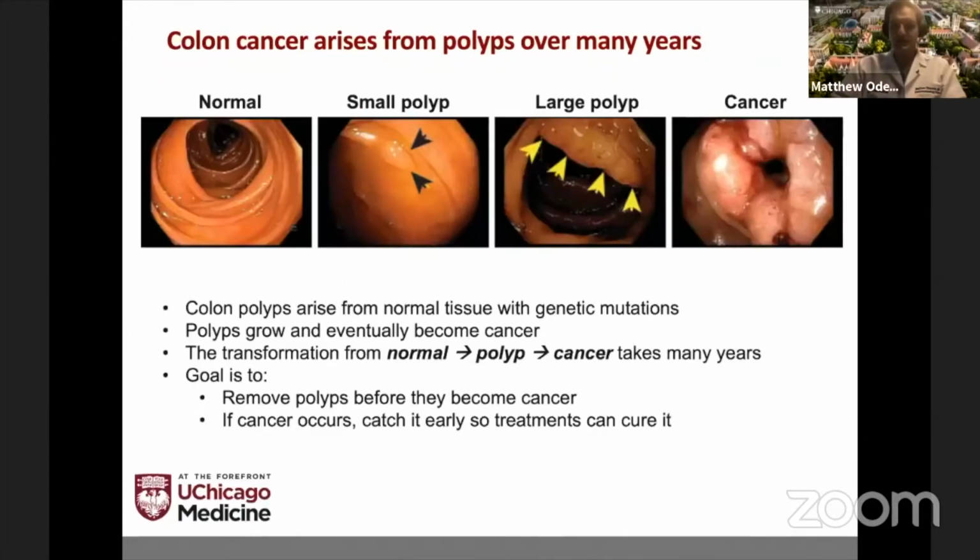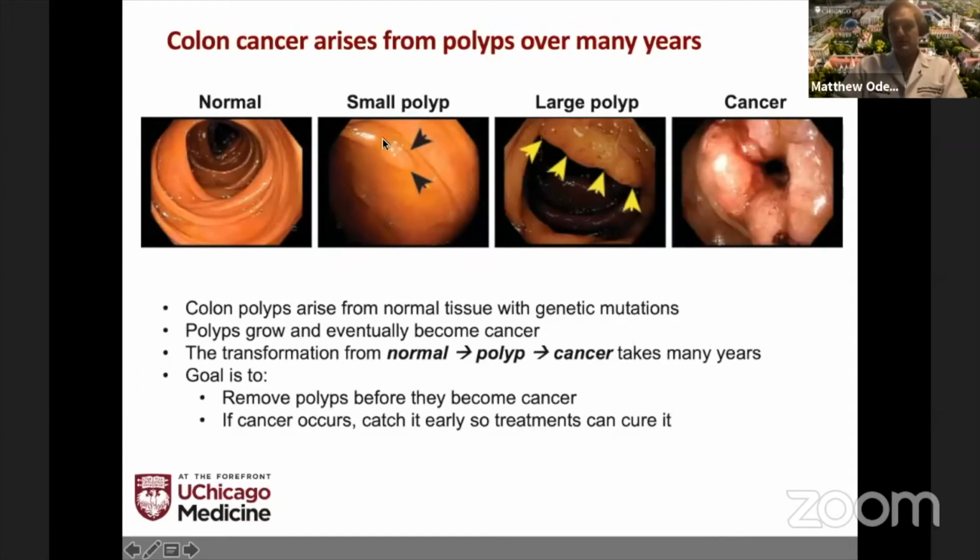With that being said, we should really go over the basics of what colon cancer is. In these pictures, we have various stages of cancer development. On the left, we see a picture from a colonoscopy of a normal colon, a perfectly healthy colon mucosa. In the next picture, there's a small polyp.